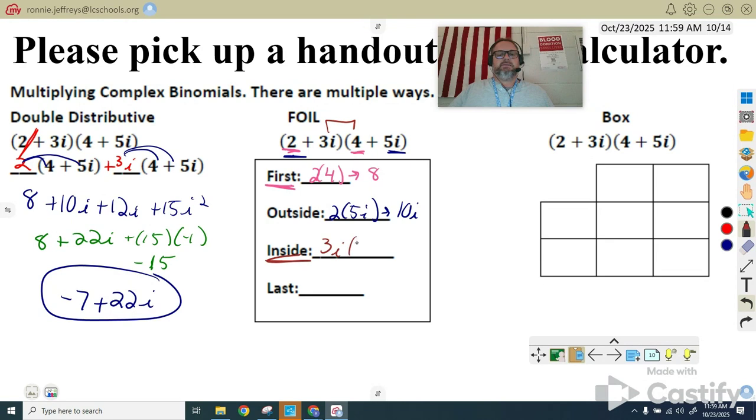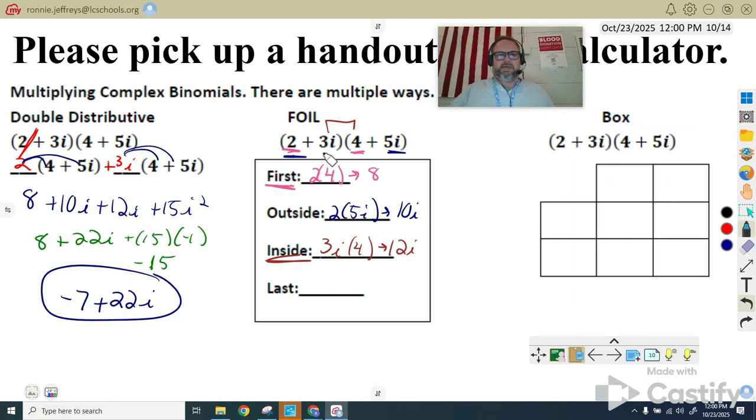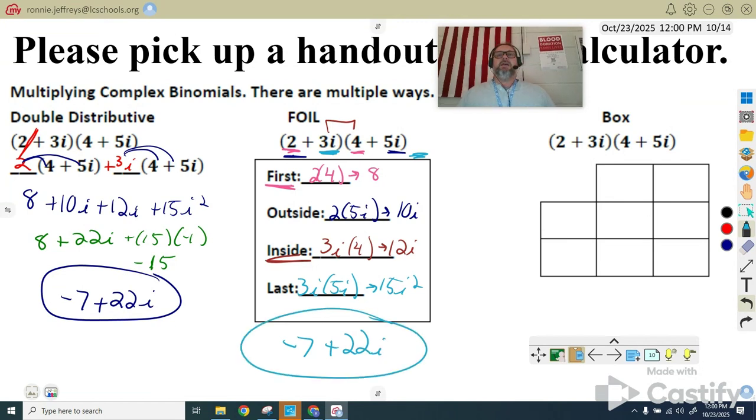So 3i times 4, which is 12i. And then, of course, our last, 3i times 5i is 15i squared. Now, if we were to combine like terms right there with what's in the middle, guess what we're still going to get? Negative 7 plus 22i.